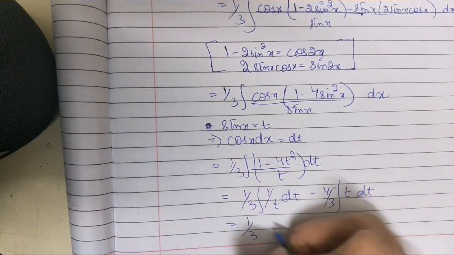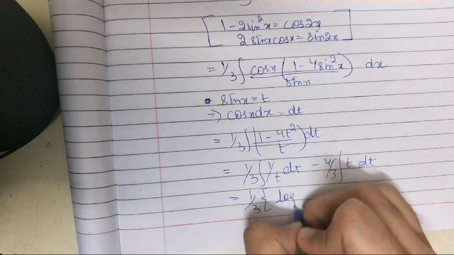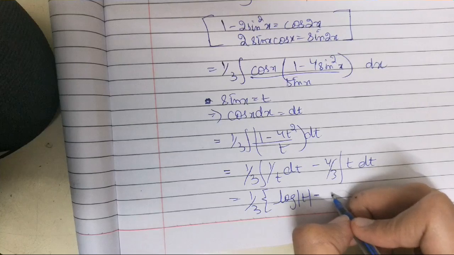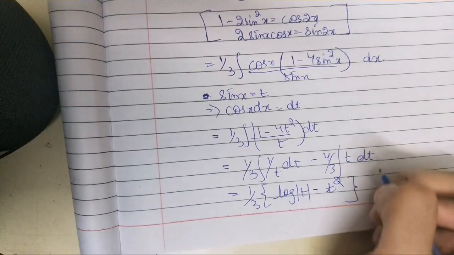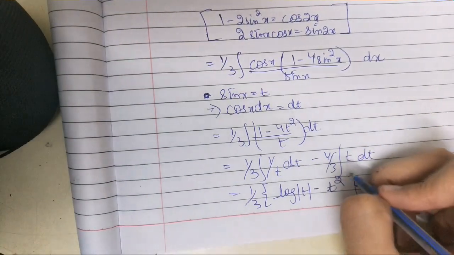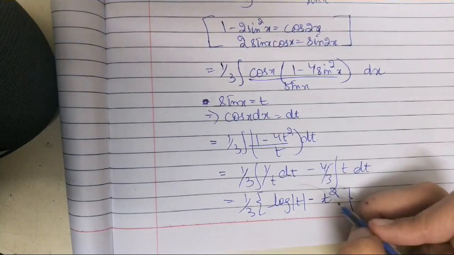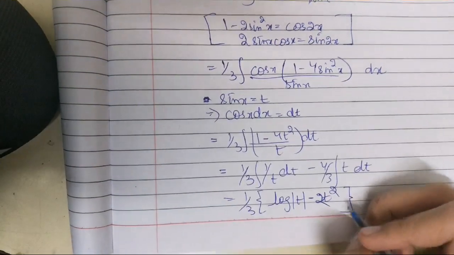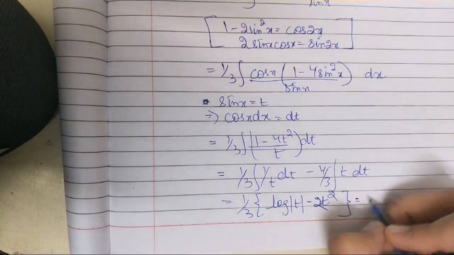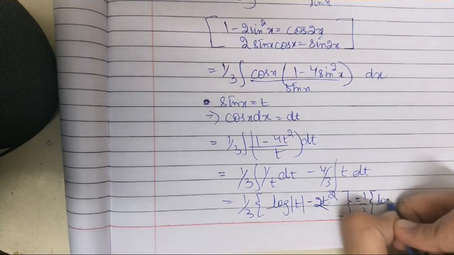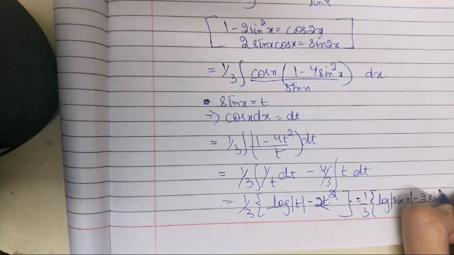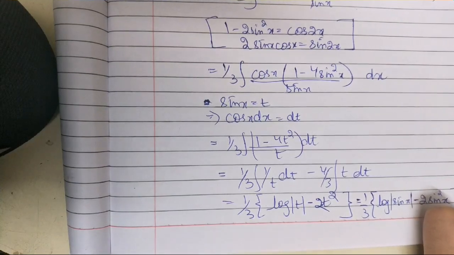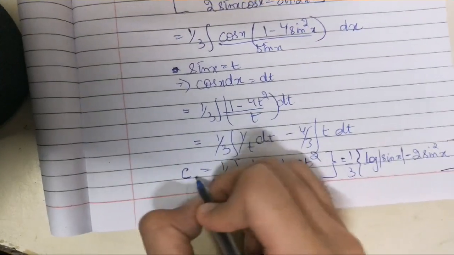This gives us 1 by 3 in common, log mod t minus t square. The integral of t is t square by 2, so with 4 and 2, the 2 gets cancelled, and this gives us 2t square. So on substituting, I get 1 by 3 log mod sin x minus 2 sin square x. So basically this is our C2.